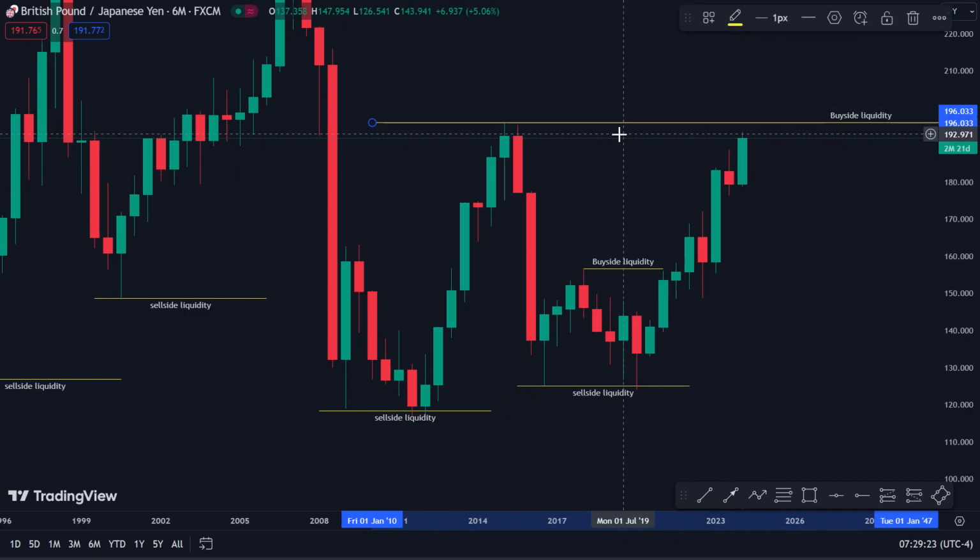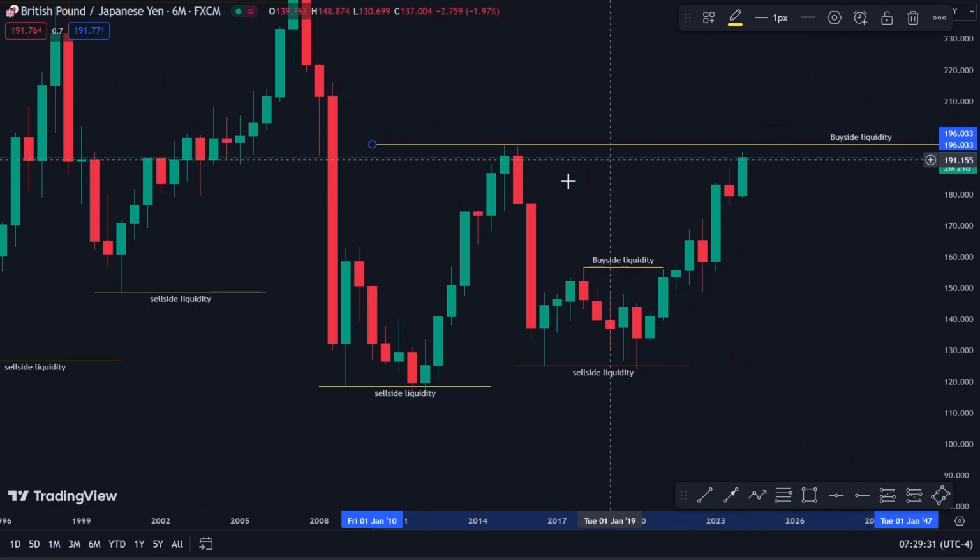we have a swing high that has not been taken out, and I'm anticipating this to act as a draw on liquidity, and I'm anticipating this to be taken away.